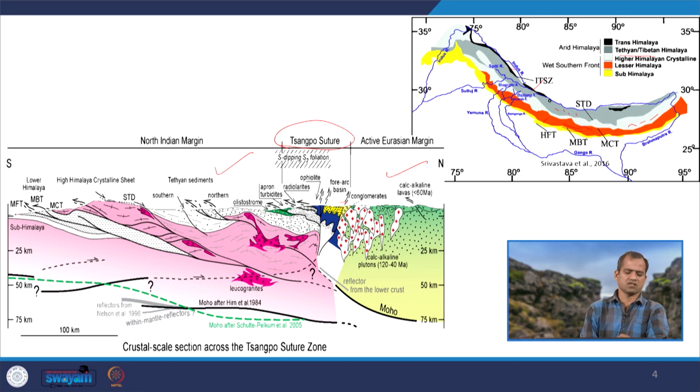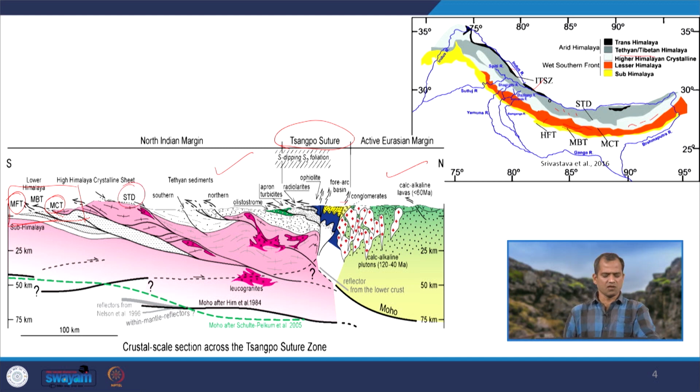Starting from the south to north, we have the main frontal thrust, MFT, which separates the Indo-Gangetic undeformed sequence from the deformed sequence, and then the MBT, which separates the Shivaliks from the lesser Himalayan sequence, then the MCT, main central thrust.